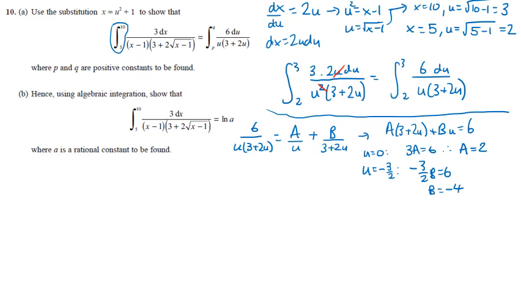So therefore I can write the integral from 2 to 3 of a over u, so that's 2 over u, plus b over 3 plus 2u, so that's minus 4 over 3 plus 2u.